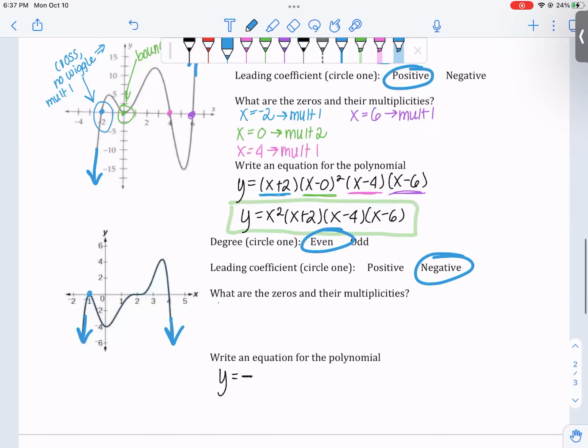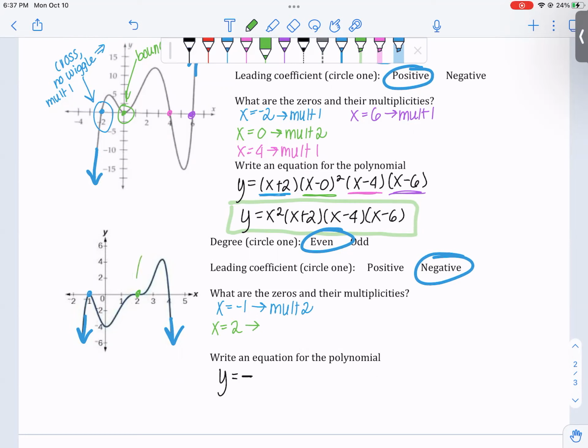At -1, we bounce. So I'm going to say the multiplicity is 2. At 2, we cross, but we wiggle.